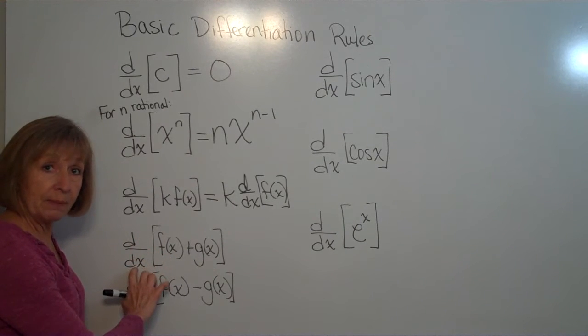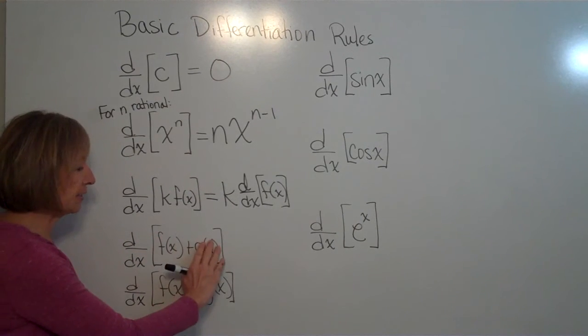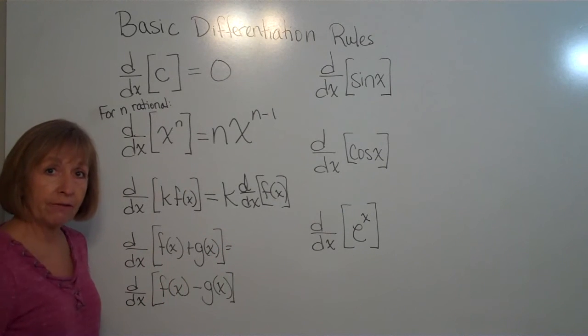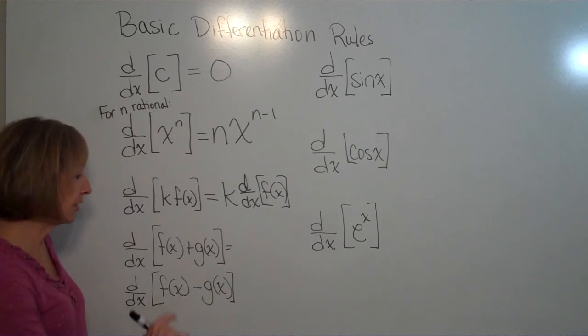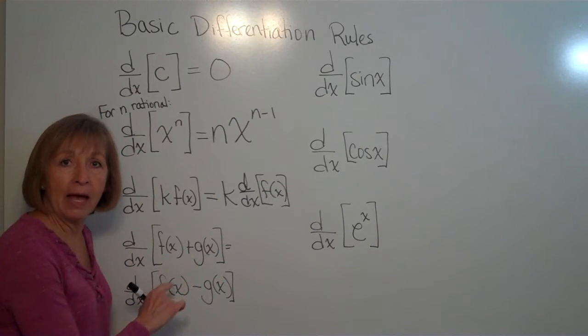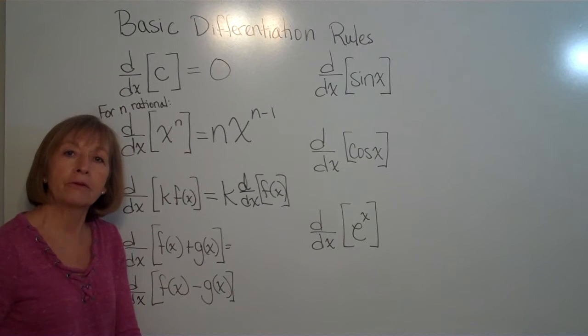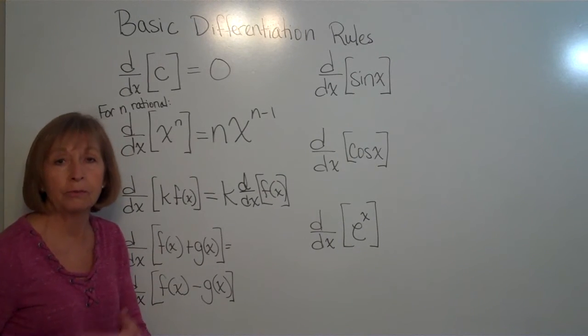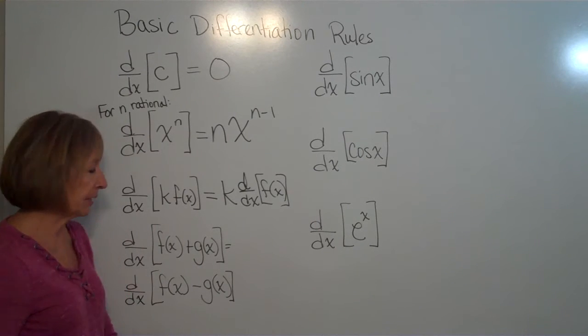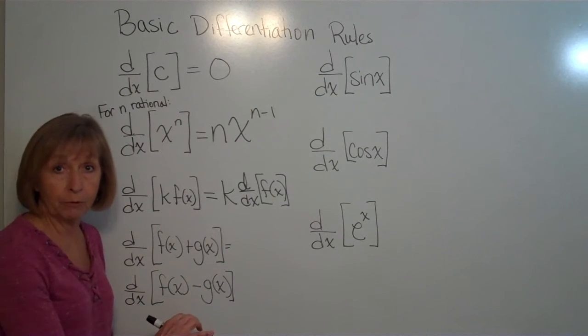The derivative with respect to x of the addition of two functions is the derivative of the first function plus the derivative of the second function. And here I'm going to go ahead and use another notation for the derivative just so that you realize that there are different notations for the derivative and we can get more comfortable with them.